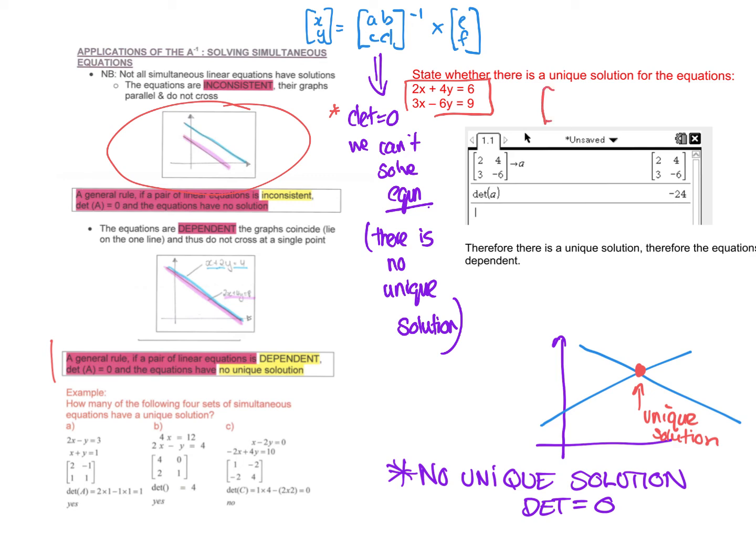So what they did is they just put this into their calculator, det, comma, and like that, and they found it to equal -24. Because it isn't 0, there must be a solution, okay? So if it was 0, we'd say no solution. Any other number is fine.